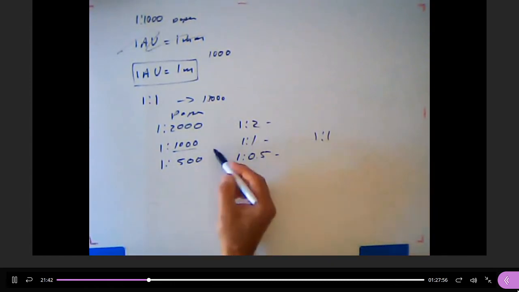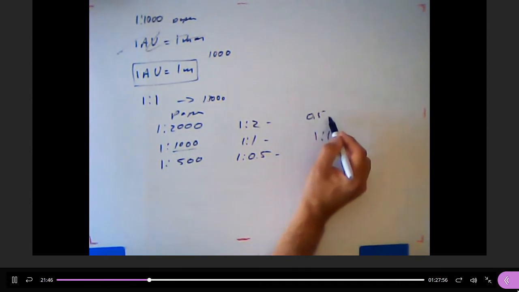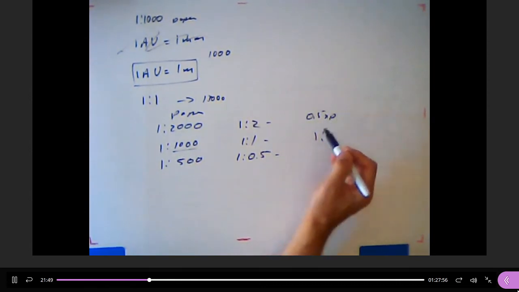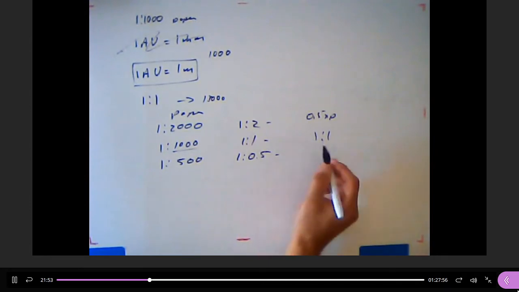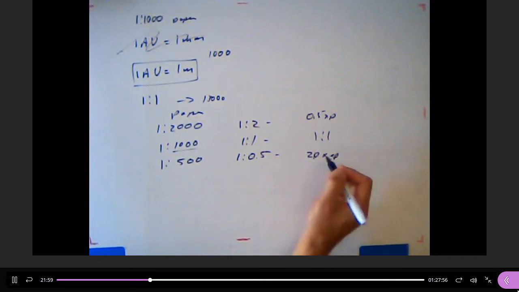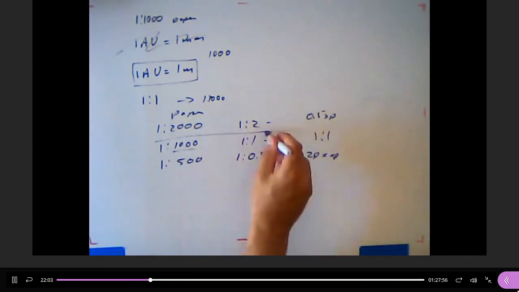So if I want to go from 1,000 to 2,000, I'm going to make my view half of model space, 0.5 paper space. If I want 1 to 500, I'm going to use a factor of 2 times XP, or paper space. So I'm going to change my zoom factor and always plot at 1 to 1.